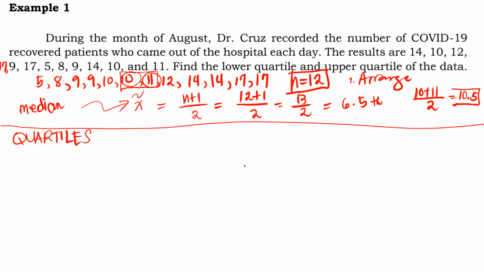Una, yung sinabi ko na Mendenhall and Sinich method, and the other one is the linear interpolation. So, gamitin natin dito yung Mendenhall. Mendenhall na lang susulat ko para maikli lang. And dito naman sa kabila ay yung linear interpolation.